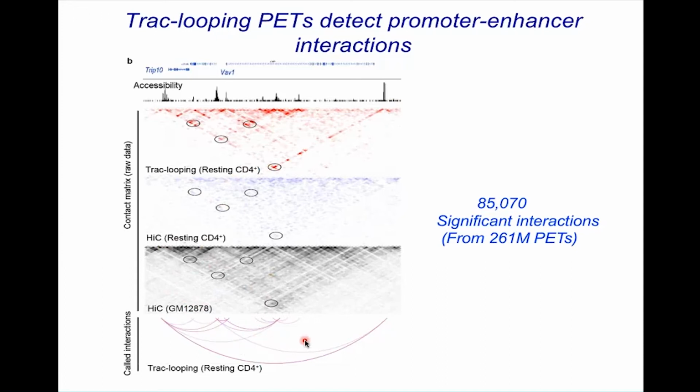So in total, we detected 85,000 significant interactions from a total of 265 million pairs from these libraries. So the question we want to see is how robust these 85,000 interactions are, whether the detection is saturated or not.